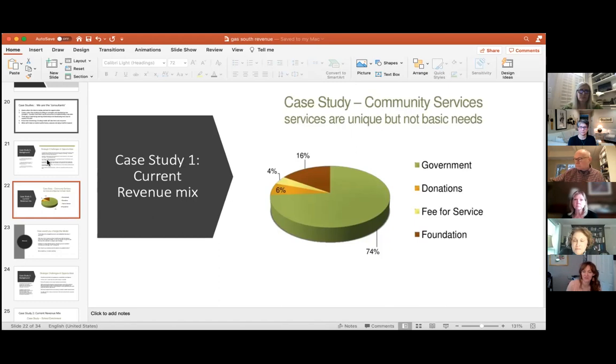We felt in terms of the pie chart that we would like to see them cut their reliance on government funding down to closer to 50%, which is a big change, but could also help free some of the staff from the really onerous reporting that comes along with the grants that are less autonomous and are also shrinking.